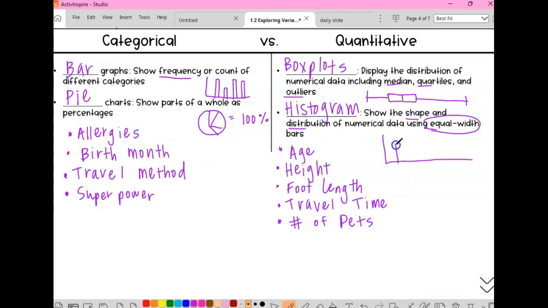But histograms are equal width bars, and they touch like this. Okay, and we're going to create some tomorrow with our data. Okay, so big difference between histogram and bar graph. We'll also look at the difference tomorrow, so that you know when to do it. Okay.